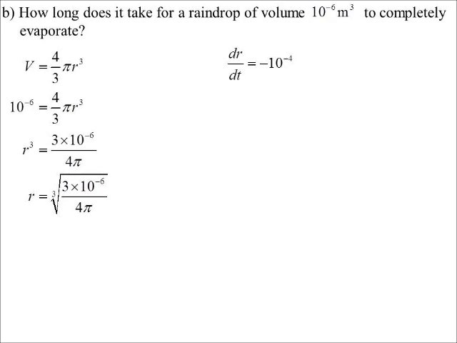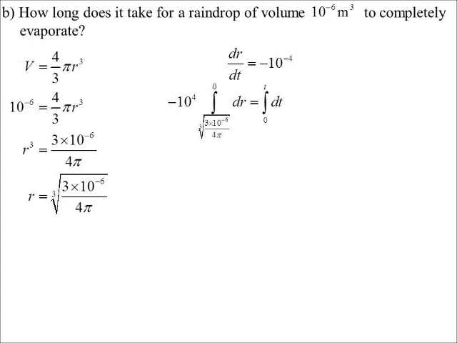Now I can use integration. Now when we integrate these sorts of things, we like to separate the variables. Everything with r on one side, everything with t on the other, and that includes the dr and the dt. And then what you do to one side of the equation, you do to the other, so I'm integrating both sides. Now, the limits, you put in the appropriate limit for the variable.